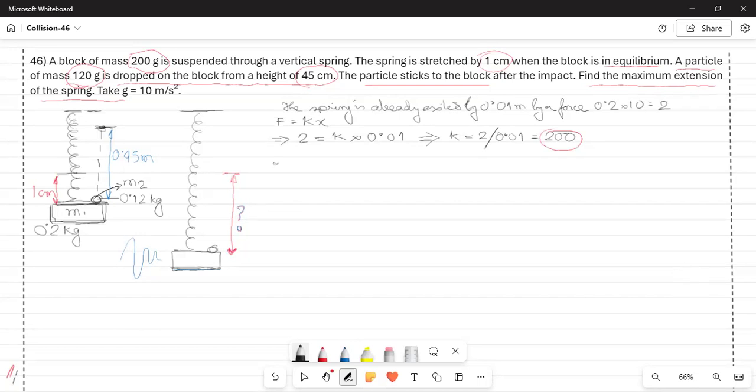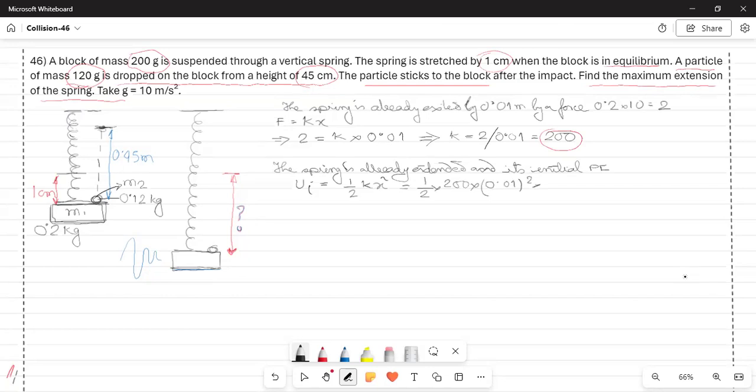The initial potential energy, let us write, U initial is equal to half K x square is the formula, is equal to half K is 200 into X is 1 centimeter, that means 0.01 whole square.